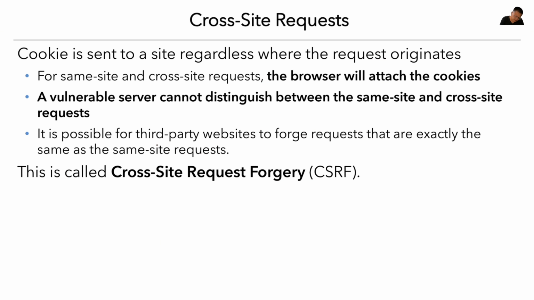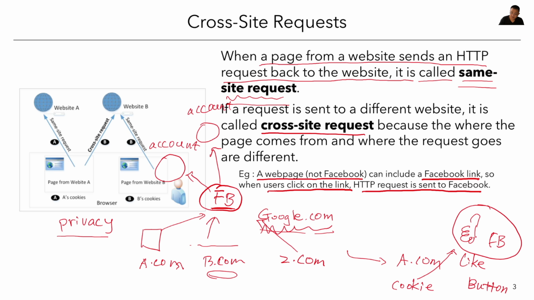So for cross-site requests, the cookie is sent to a site regardless of where the request originates. We have sort of touched on this when we talked about the problem with the ubiquitous Facebook like button. There are other buttons like Twitter.